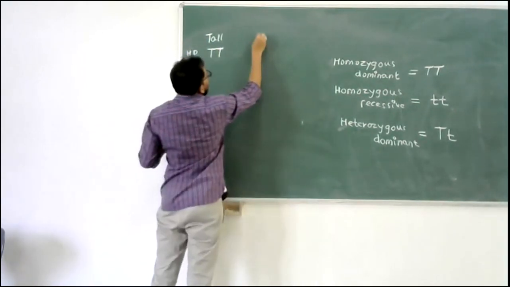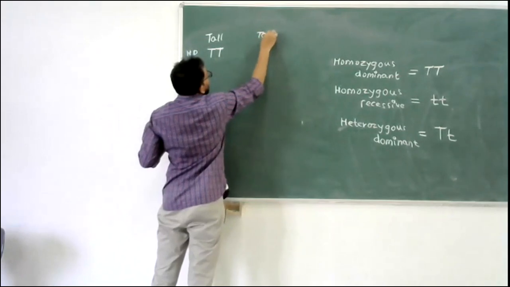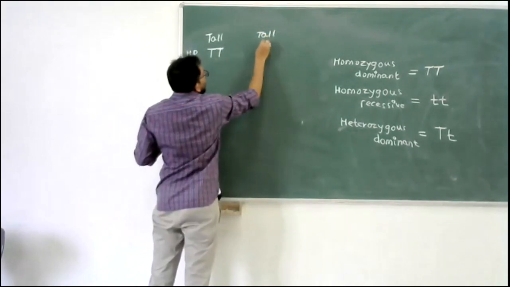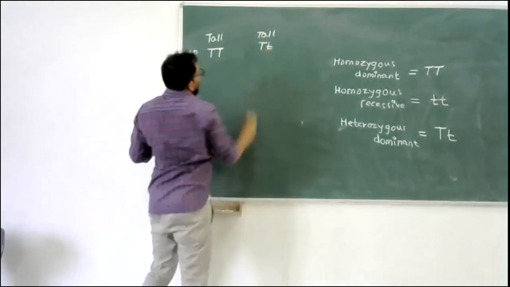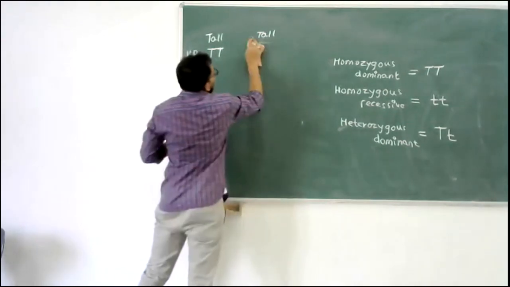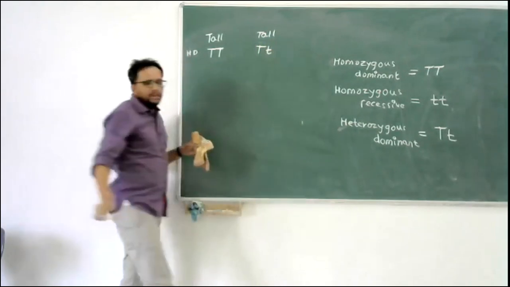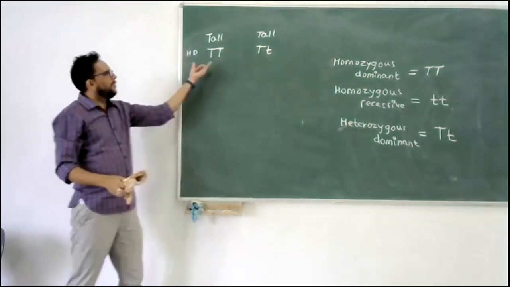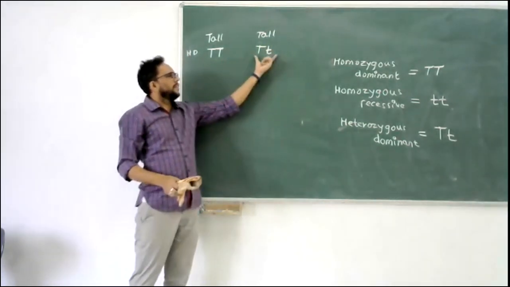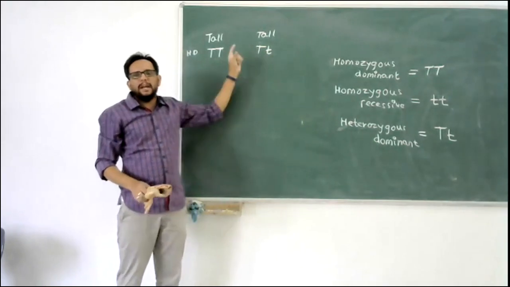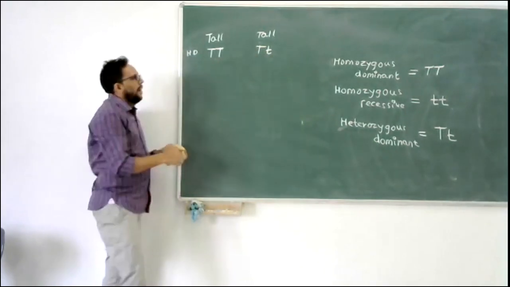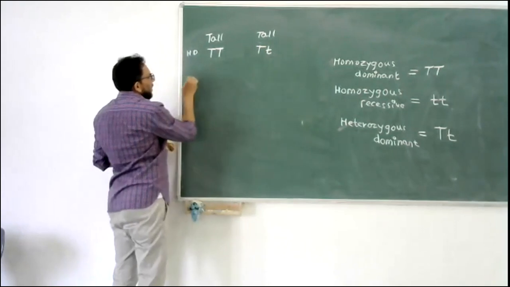And we are taking heterozygous. This will also be tall, so this will be capital T and small t. So this is heterozygous dominant. One is homozygous dominant, the other is heterozygous dominant. And we will see the process how they form in the F1 generation.